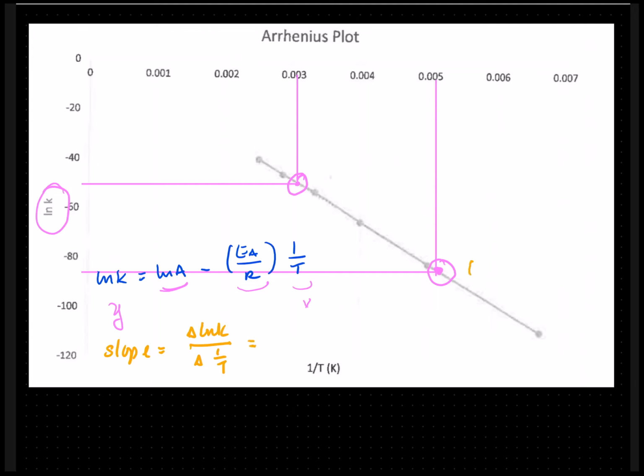This one is approximately 0.005 and negative 85. The other point is going to be 0.003 and negative 45. So you're going to plot these points.